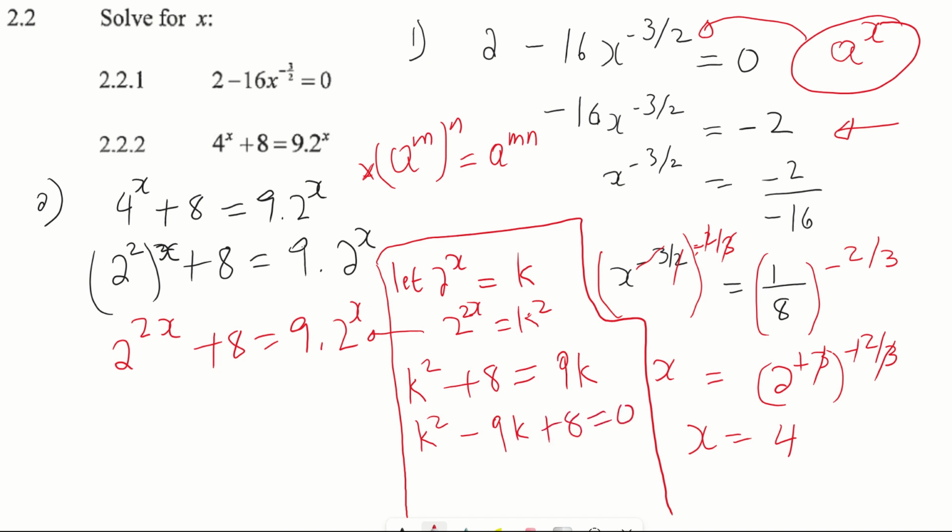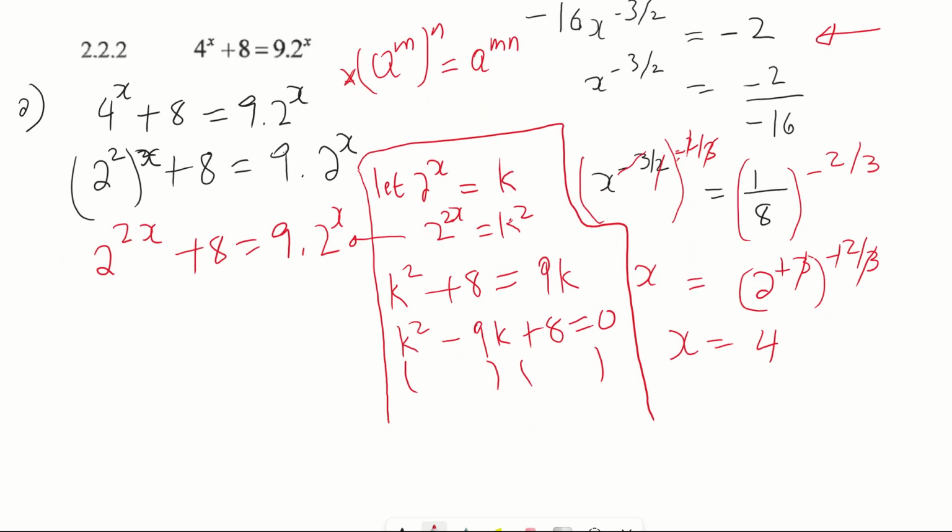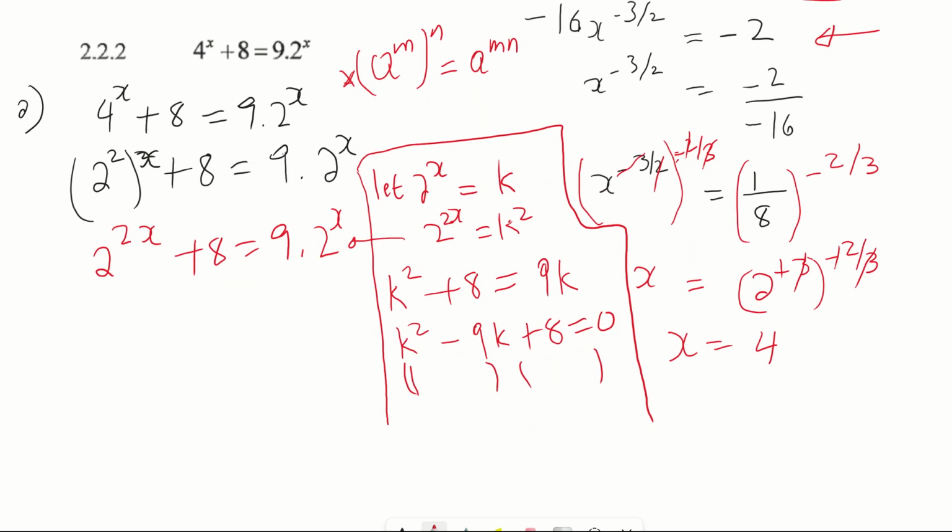And then I said, wow, this can be factorized. I can come in and factorize this: k minus 8 times k minus 1, so k is going to be equal to 8, or k is going to be equal to 1.